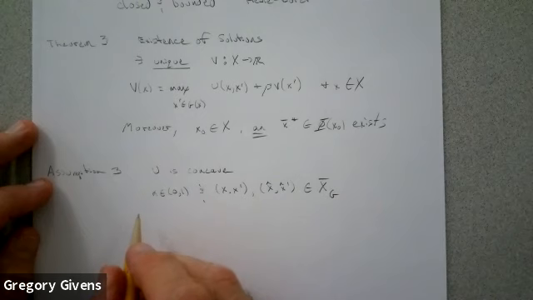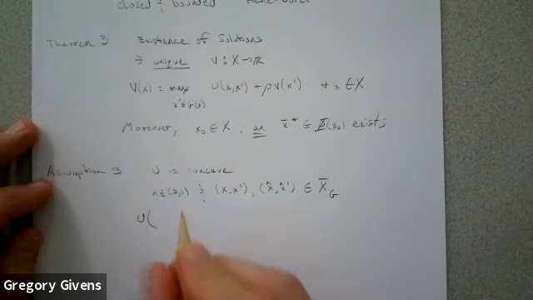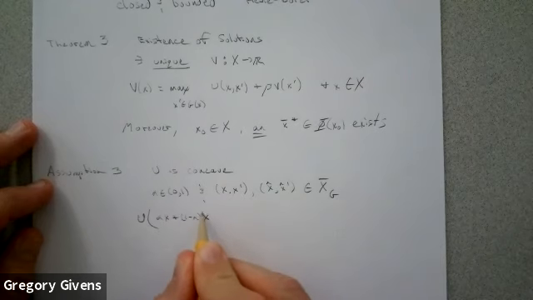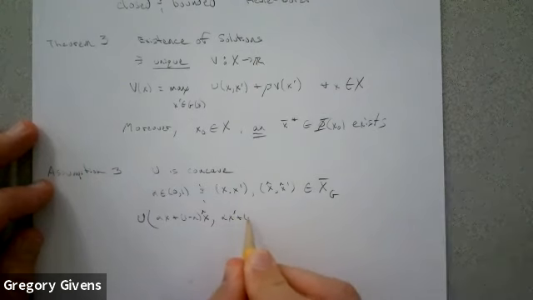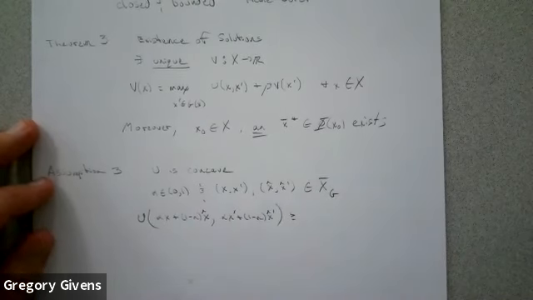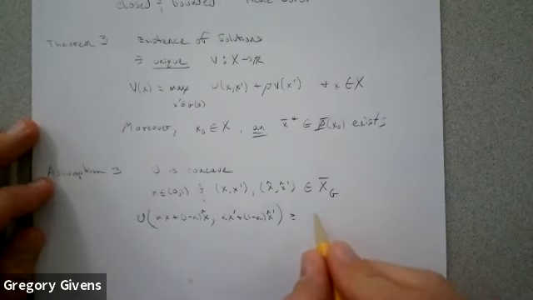U being concave implies that the payoff function evaluated at the linear combination of these 2 points, so that is alpha x plus 1 minus alpha x hat, comma, alpha x prime plus 1 minus alpha x hat prime, has to be greater than or equal to the linear combination of the payoffs evaluated at each 2 points.